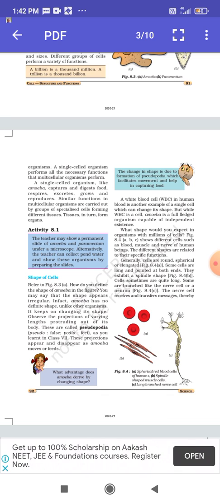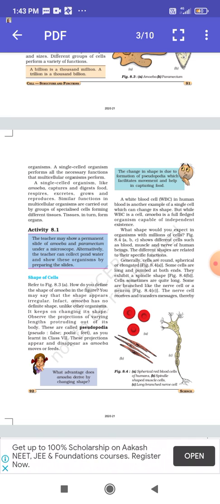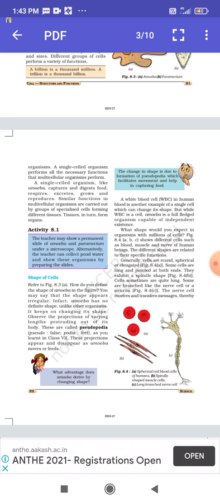With the help of pseudopodia, amoeba can capture its food and it also helps in movement. A white blood cell, WBC, in human blood is another example of a single cell which can change its shape. But while WBC is a cell, amoeba is a full-fledged organism capable of independent existence.